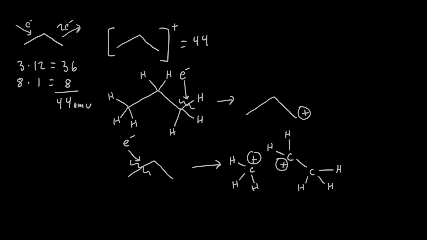Now let's see what these masses would be. So for the propane that just lost a hydrogen, the initial mass would be 44, the total mass, but we're losing 1 hydrogen. So that would have an atomic mass of 43.